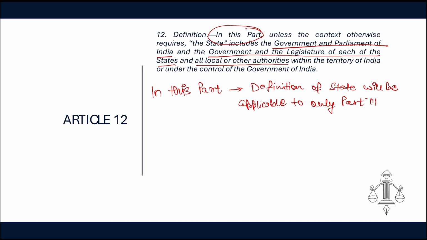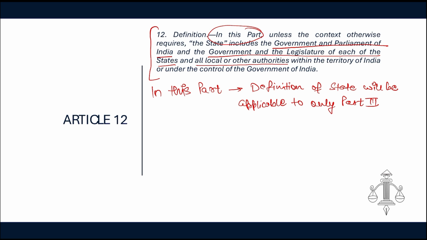So whatever provisions we discussed in the previous video, from Article 12 to 35, whenever the term state has been used in Articles 12 to 35, it would mean whatever is written here in Article 12, right? So this is what this tells us.